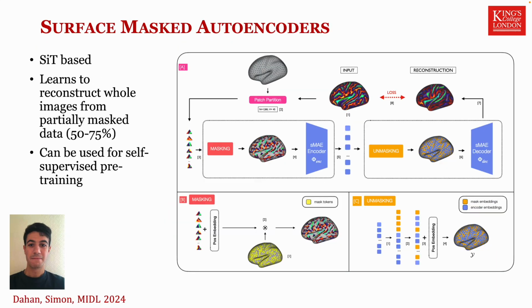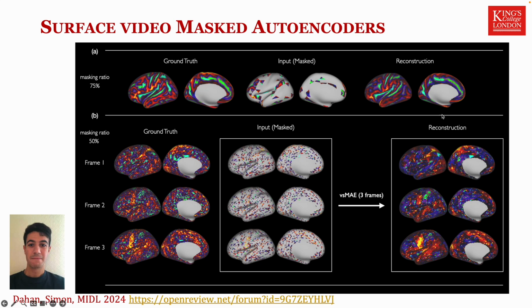We can also create surface masked autoencoders using the exact same architecture and training framework as the original masked autoencoders. And here we're seeing how these are used to reconstruct the complex patterns of dynamic brain activity from functional MRI, even when 75% of the patches are masked out.